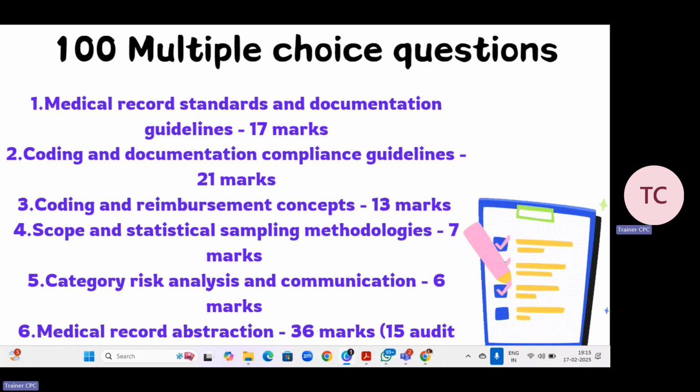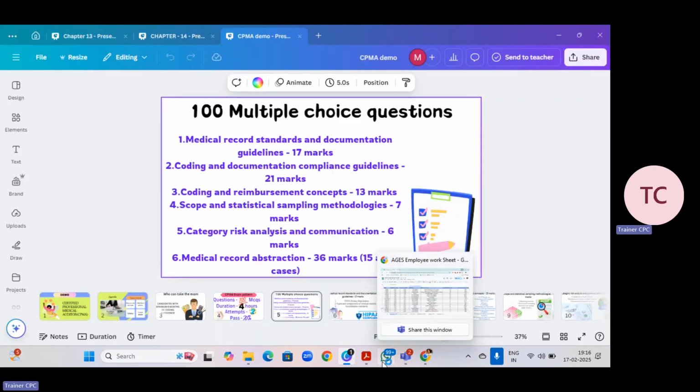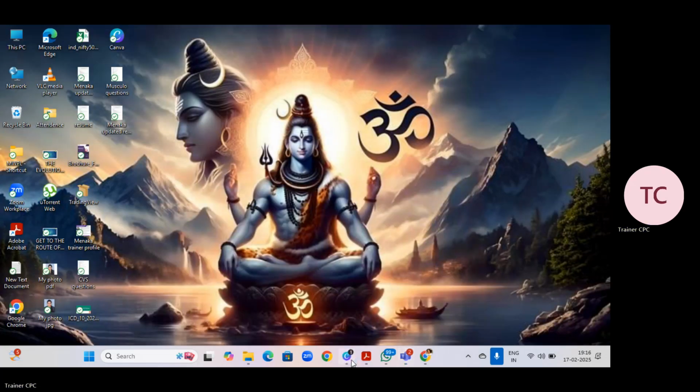Next, coming to sampling methodologies and auditing. From this, you will be getting 7 multiple choice questions. And risk analysis and communication of result. From this, you will be getting 6 questions. And finally, you are having 36 marks from 15 audit cases.